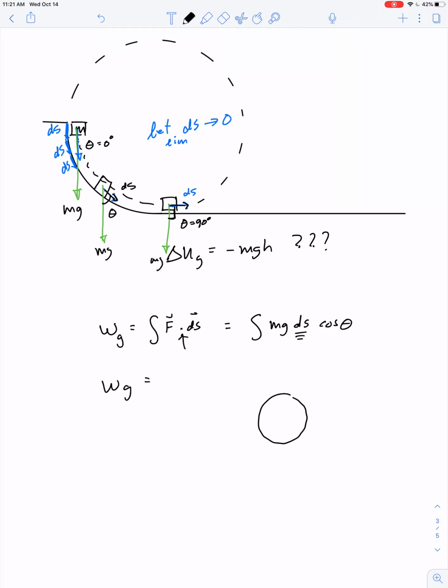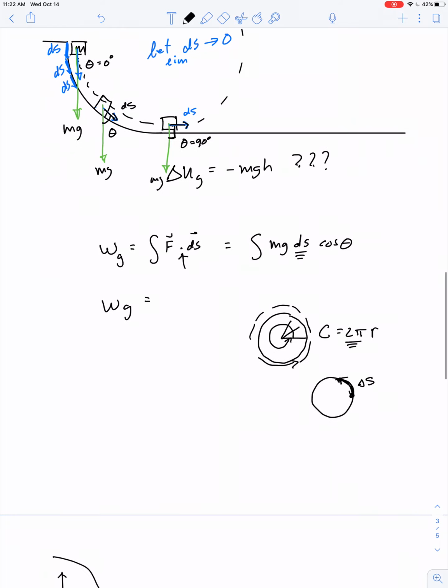We all know that the distance around a complete 360 degrees of a circle is known as the circumference, and that's equal to 2 pi multiplied by the radius. Now 2 pi is nothing more than the angular displacement associated with a full circle. Well, what about the case where an object displaces only a fraction of a circular path? What if you have a displacement delta s that's not all the way around?